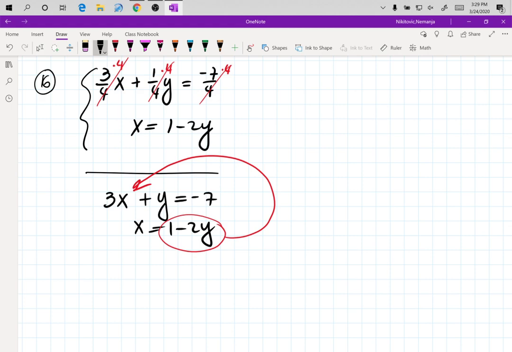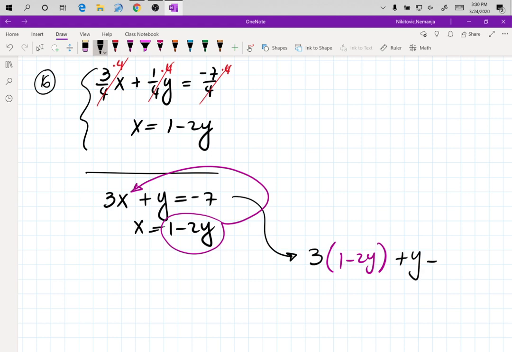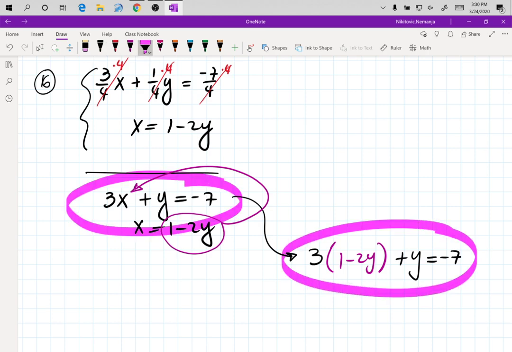So this equation now becomes 3 times, oh, I forgot I wanted to do this in purple. There we go. So 3 times we have 1 minus 2y, and then we copy the rest, which is plus y equals negative 7. Again, these two equations are the same equation. They look a little bit different, but they are the same equation.